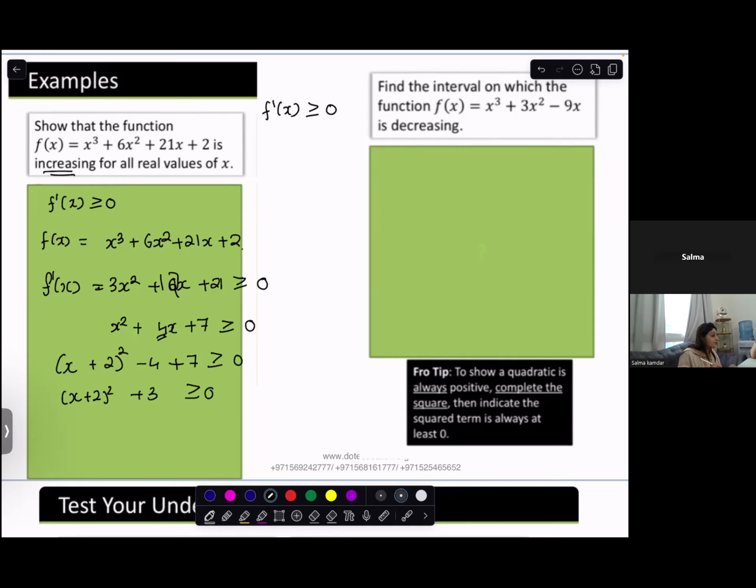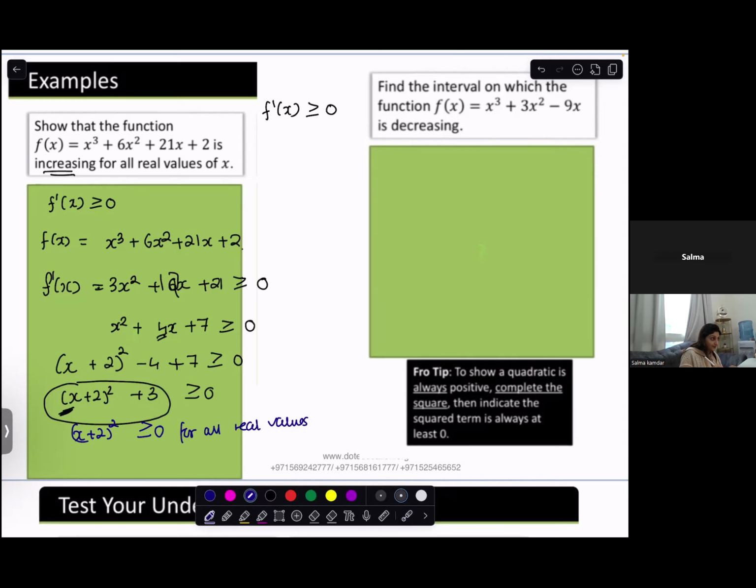I need to show that the function is increasing for all real values of x. That means I need to show that this is always going to be greater than or equal to 0. This is positive 3, so I do not have any issues with this. And the square is always greater than or equal to 0 for all real values of x. So I would write x plus 2 the whole square is always greater than or equal to 0 for all real values.